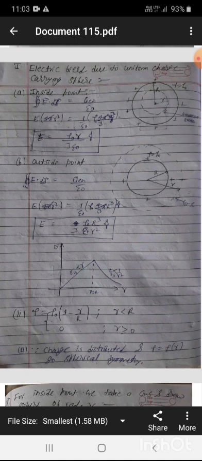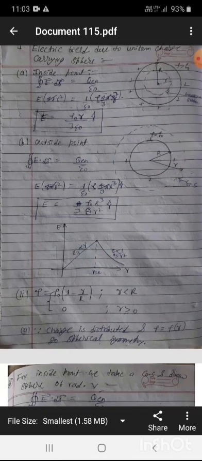Thus, applying Gauss law, let's draw a Gaussian surface of radius small r greater than capital R. Applying Gauss law, we get E dot ds equal to q enclosed by epsilon naught, E into 4 pi r square equal to 1 by epsilon naught rho naught into 4 by 3 pi capital R cube into r cap.